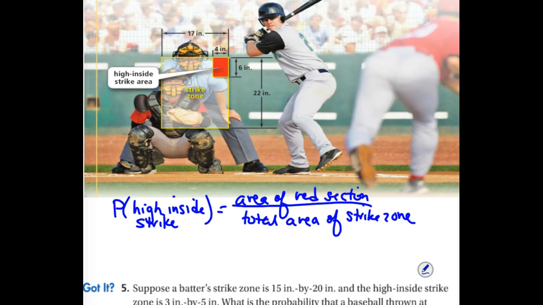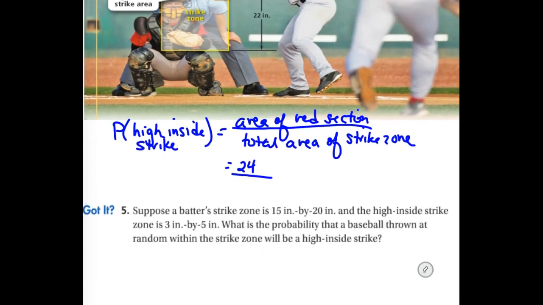So, what would be the area of the little red section? What are the dimensions? It's 4 by 6, right? So it has an area of 24. What's the area of the whole big strike zone? Dimensions are 17 by 22. So we're basically saying we're going to take 4 times 6 and divide by 17 times 22.